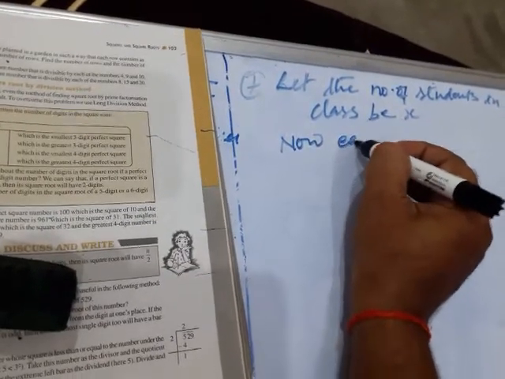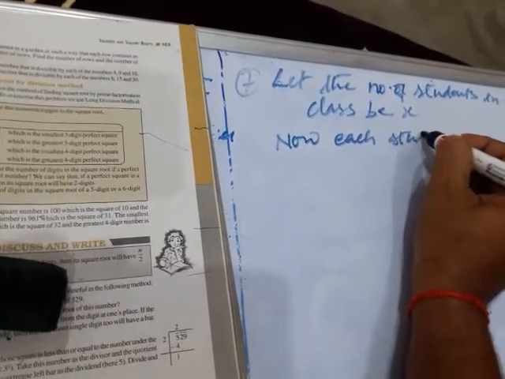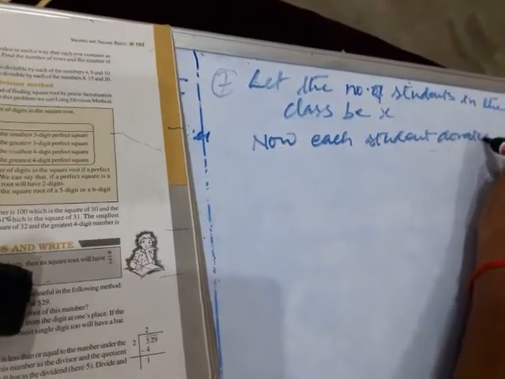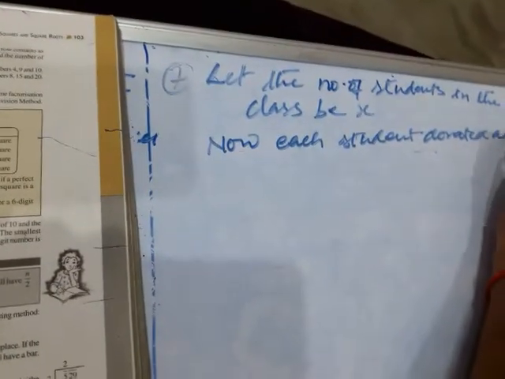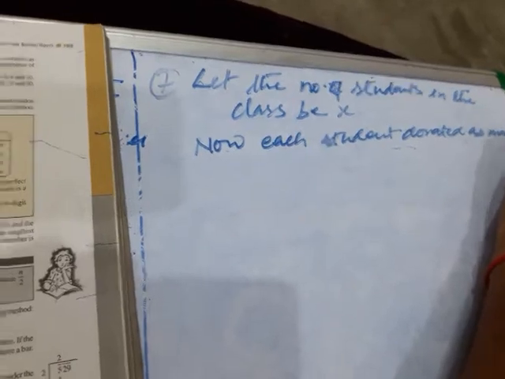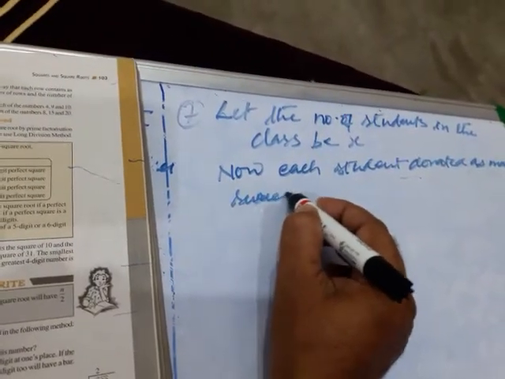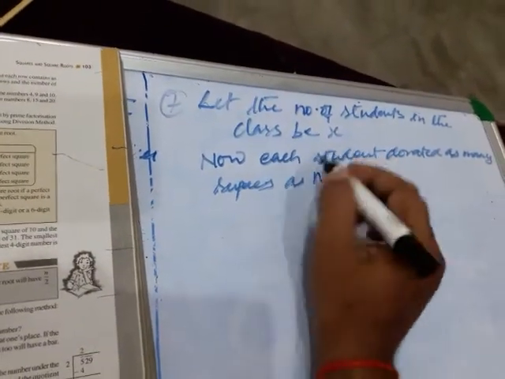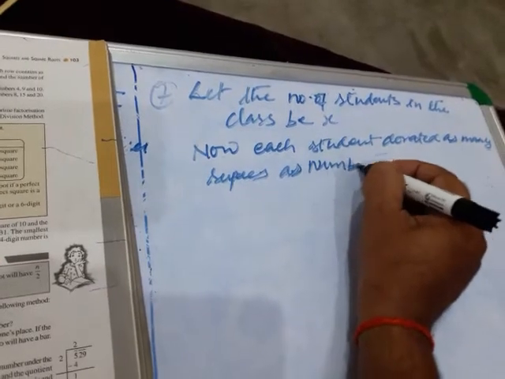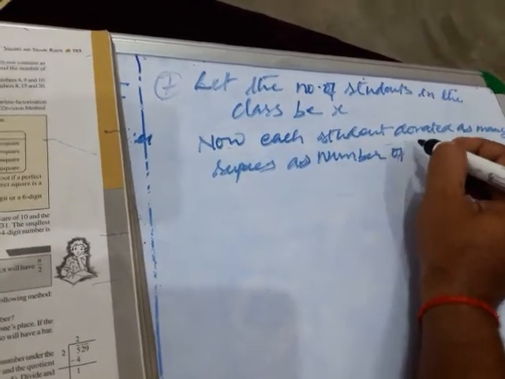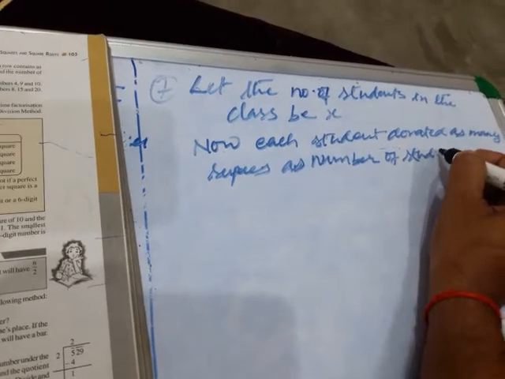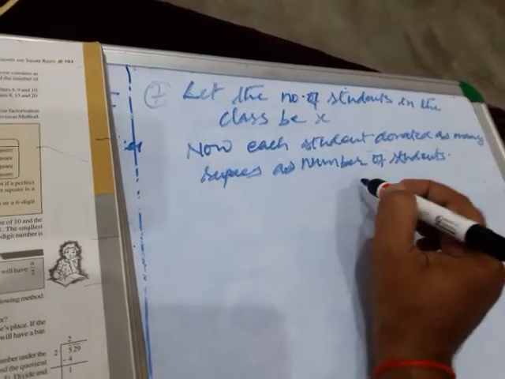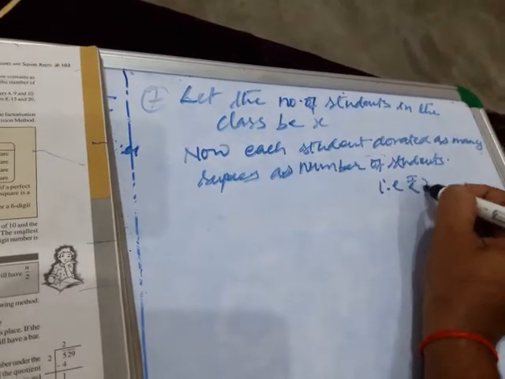Now each student donated as many rupees as the number of students, that is rupees X only.